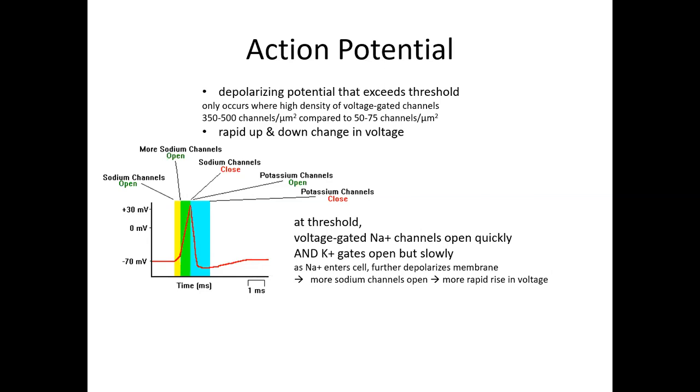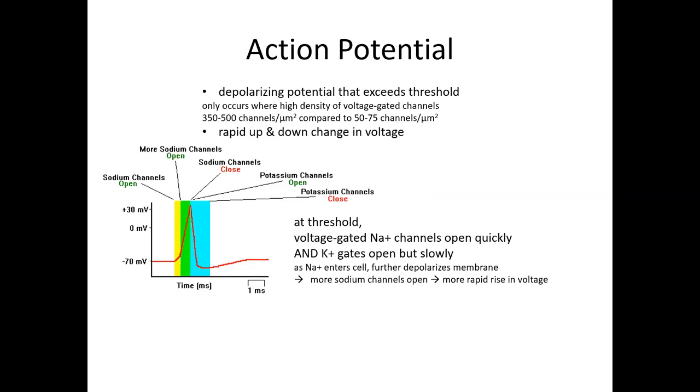So potassium enters the cell slower. So it's not exactly like we talked about before when I did the little pantomime, where sodium gates open, sodium rushes in, sodium gates close, then potassium gates open and potassium rushes out. Both gates were actually opening almost simultaneously. We just had a lot of sodium running in initially.